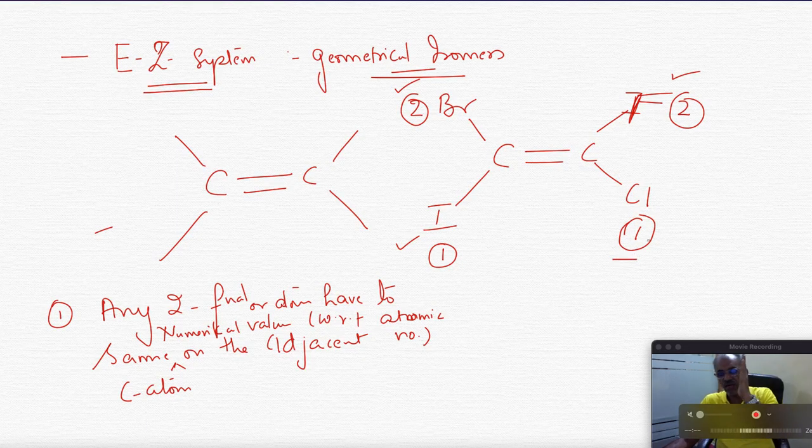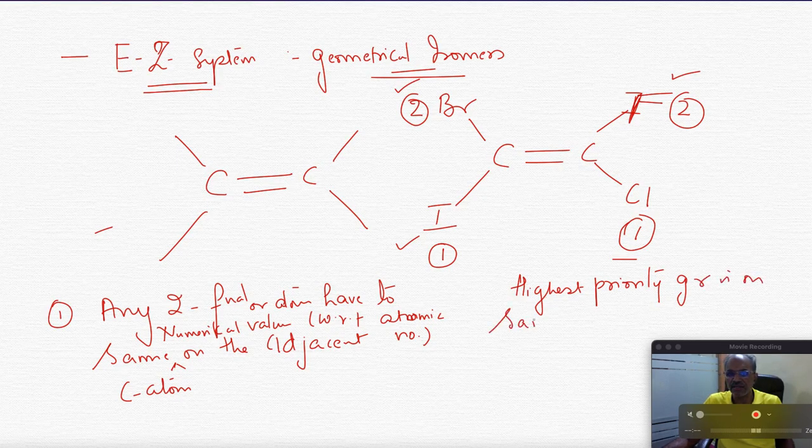If the highest priority group across the double bond is on the same side, the highest priority group is 1 here and 1 here, these two numerical values are the same, right, with respect to the atomic number.